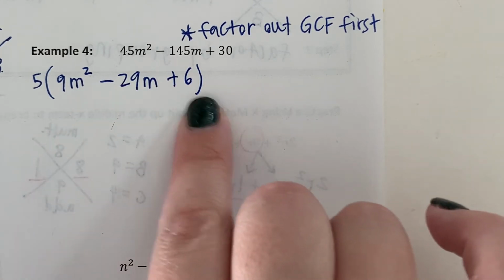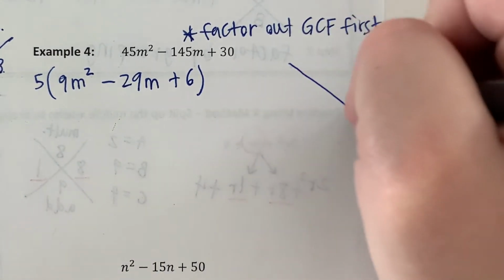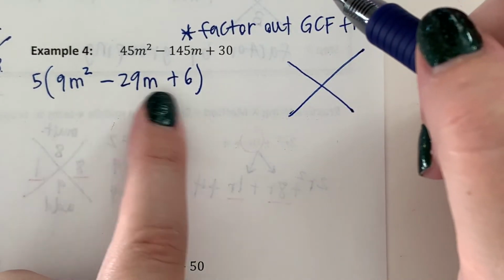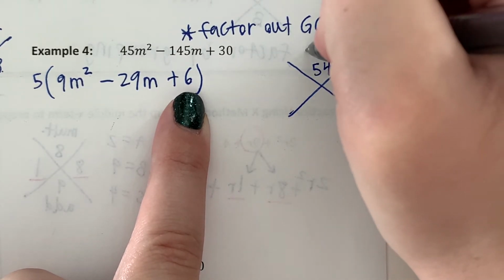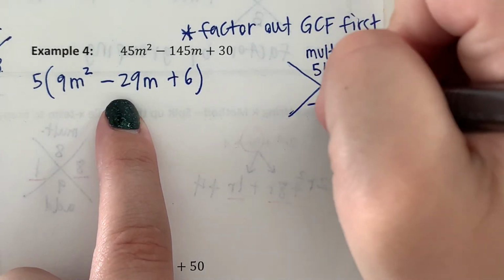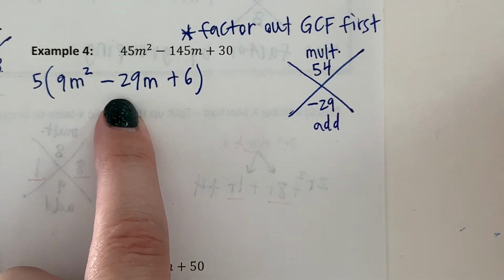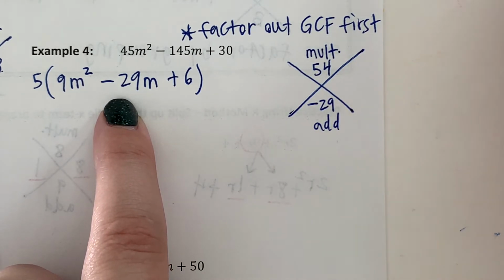So here's my trinomial. So here's my A, my B, my C. So I can set up my X method now. In the top, I'm doing A times C. 9 times 6 gives me 54. So I'm looking for two numbers that multiply to 54. They're going to add to negative 29. So I need to start thinking of numbers that multiply to 54.